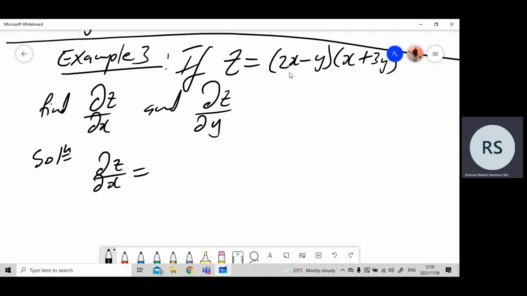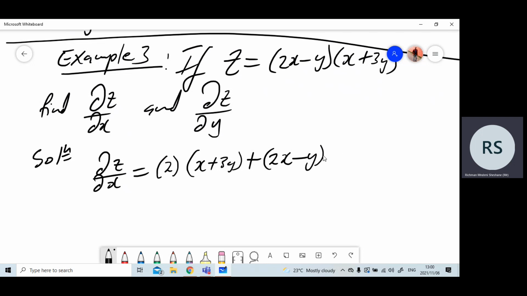When we're deriving the first function with respect to x, it's going to be 2, while we leave the second function, x plus 3y. And then plus, we leave the first function, which is 2x minus y, multiplied by the derivative of the second function with respect to x.